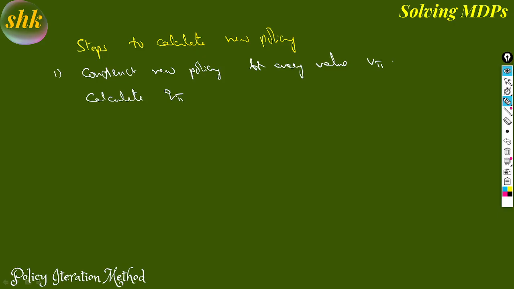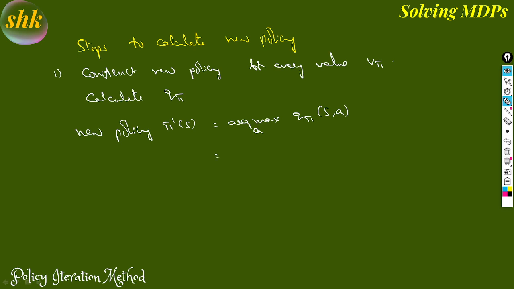So the new policy is given as pi dash of S, which is equivalent to arg max over actions of Q pi of S comma A. So this is the value function for a particular policy pi, for a particular state S and action A. So for all the actions, whichever gives the maximum value function, that action will be considered.